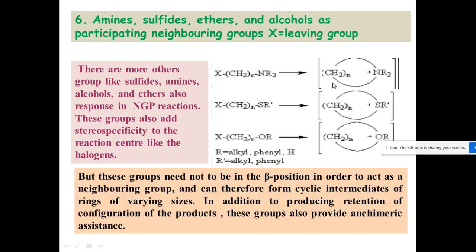But these groups need not be in the beta position in order to act as the neighboring group and can therefore form cyclic intermediates of rings of varying size. In addition to producing retention of configuration of the product, these groups also provide anchimeric assistance.